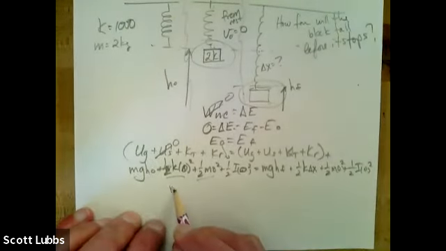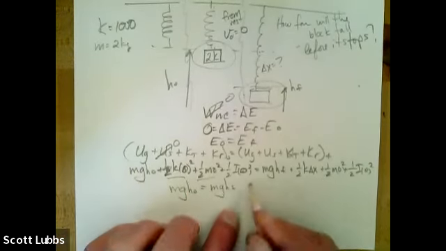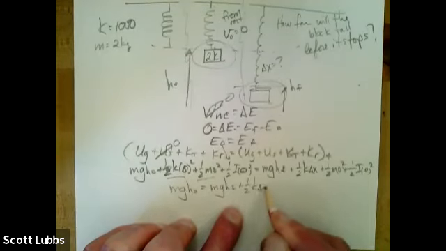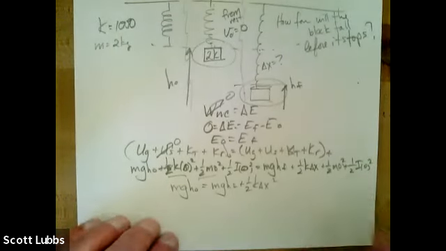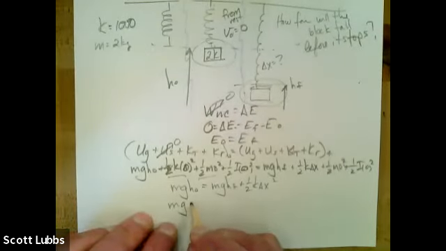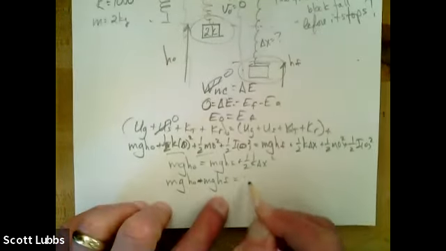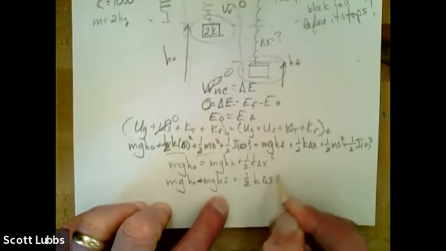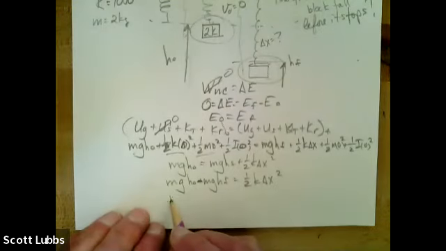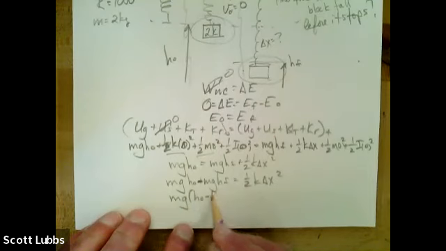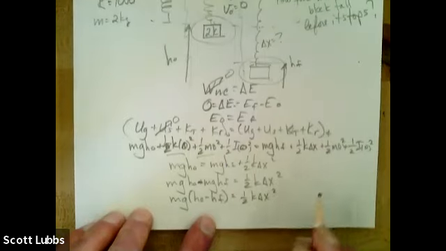What am I left with? m g h initial equals m g h final plus 1/2 k delta x squared. m g h initial minus m g h final equals 1/2 k delta x squared. m g times h initial minus h final equals 1/2 k delta x squared.